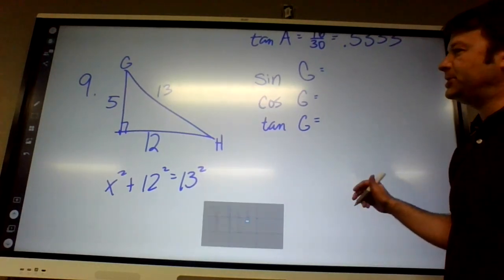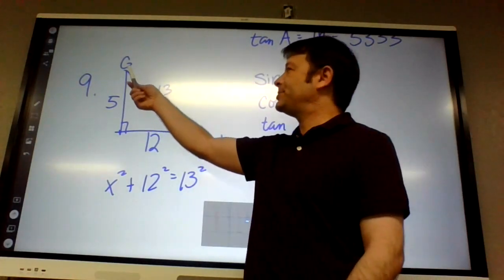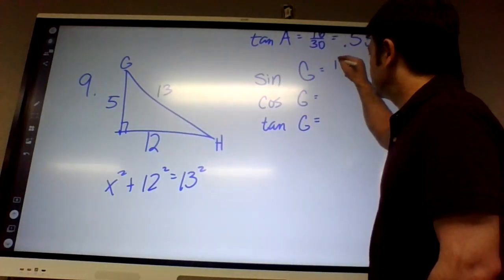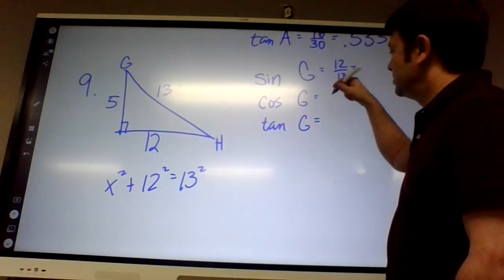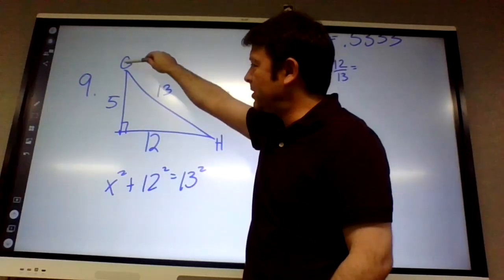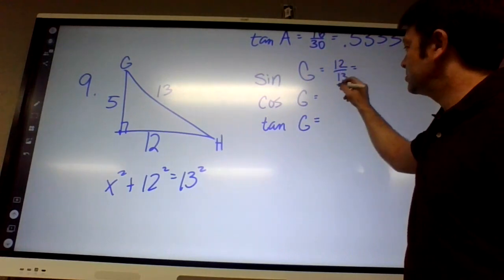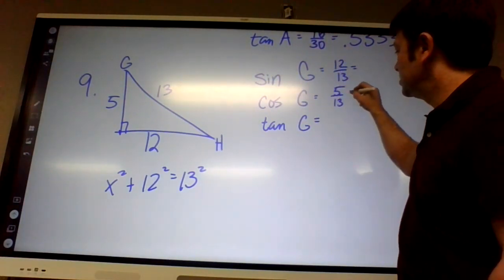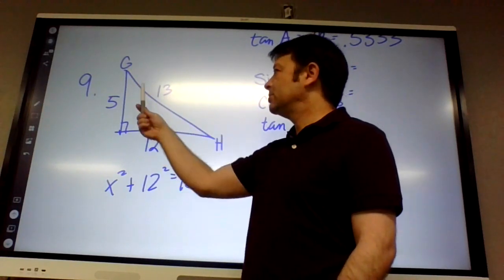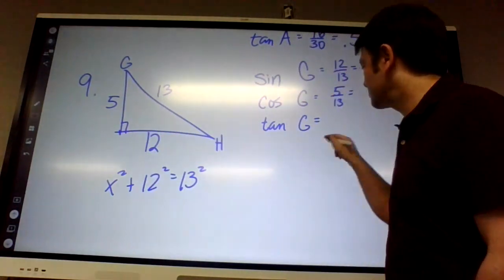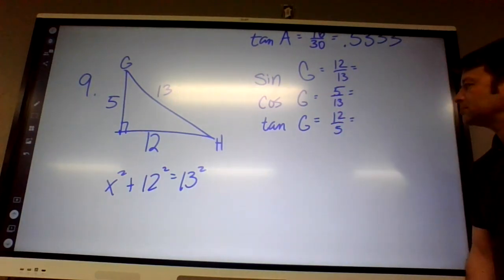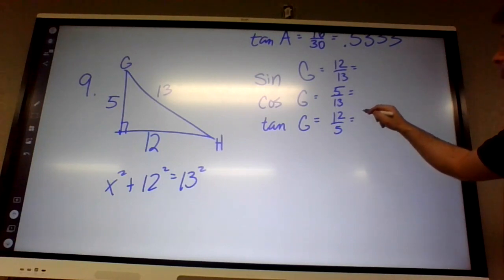Okay, sine of G. So sine gives us opposite over hypotenuse. Cosine gives us adjacent over hypotenuse. And tangent gives us opposite over adjacent. I know what that one is. That one comes out nice.